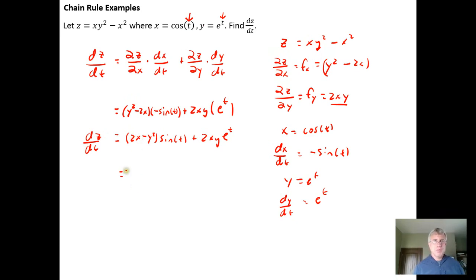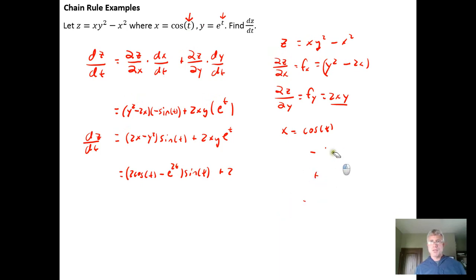So 2 times x, but x is just the cosine of t, minus y squared, but y is equal to e to the t, so e to the t squared is going to be e to the 2t, times the sine of t, plus 2 times x, but x is just the cosine of t, and we have e to the t times a y right here, and y is just equal to e to the t.